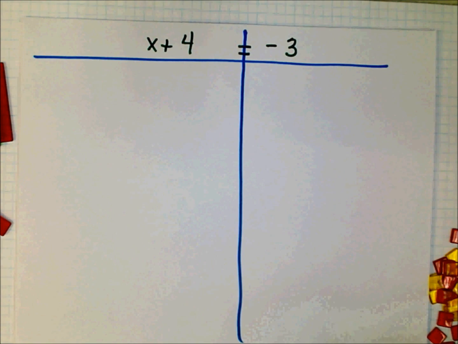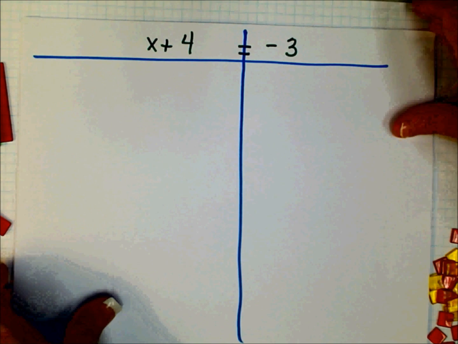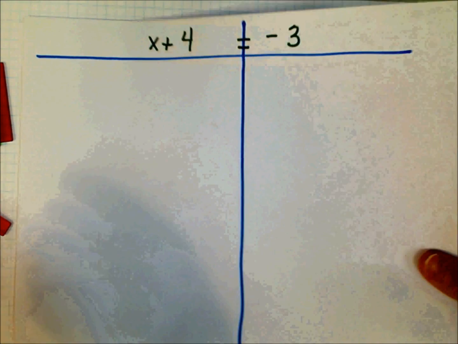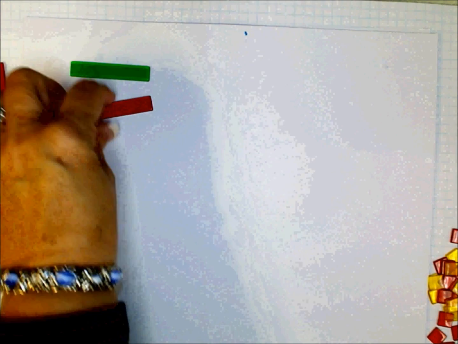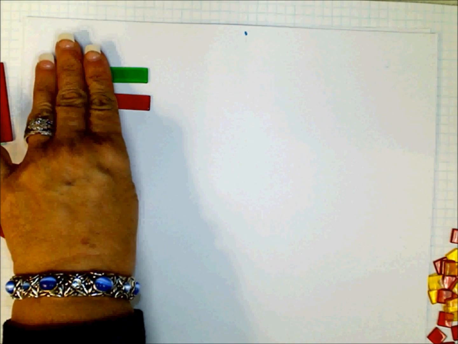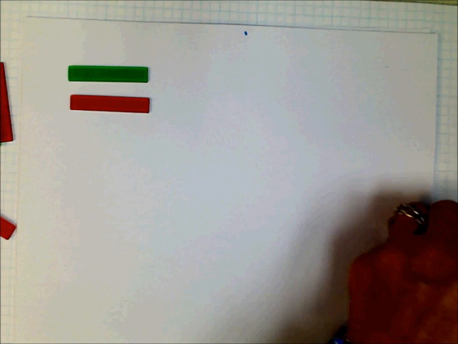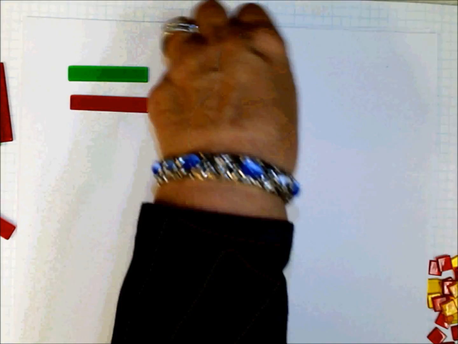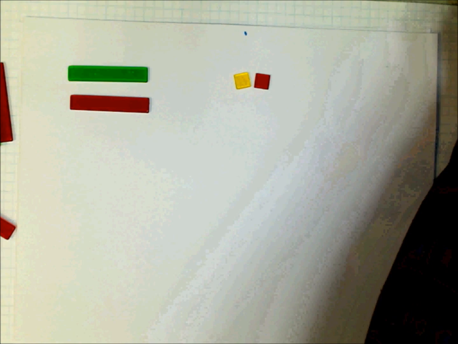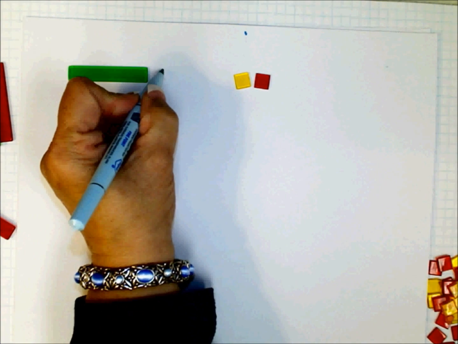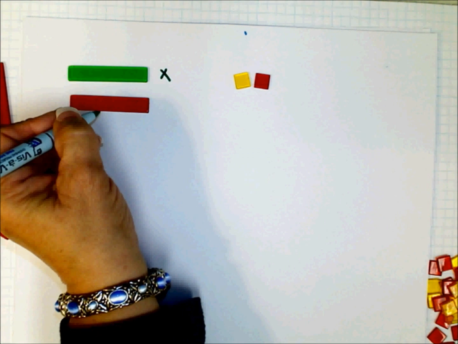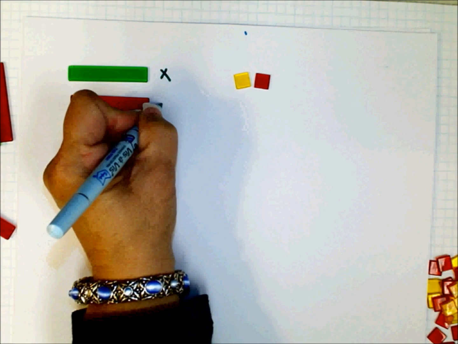And in order to do that, we're going to model using some manipulatives. So we're going to start out and we're going to identify what each manipulative piece is equal to. We have some green and red long rectangles, and we have some yellow and red small squares. We're going to identify the green long rectangle as an x, the red long rectangle as a minus x.